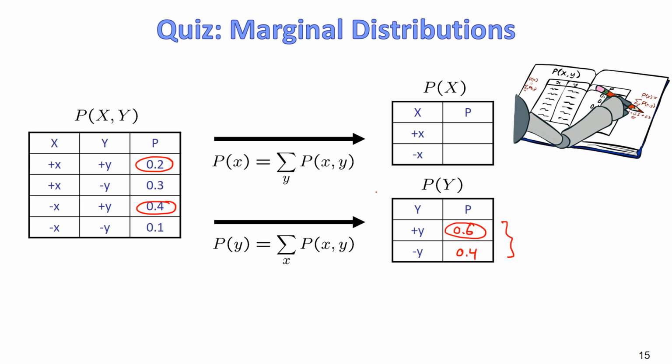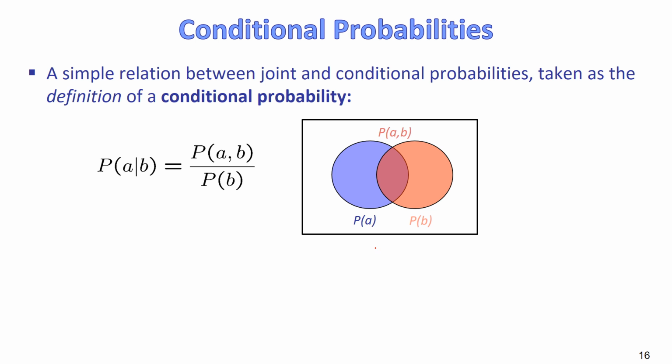Similarly here. Thanks, Yusuf. Any question about this? So that's how we calculate marginal distributions. Now switching to conditional probabilities. What do we mean by conditional probability first? Conditional probability means that we have known some evidence.